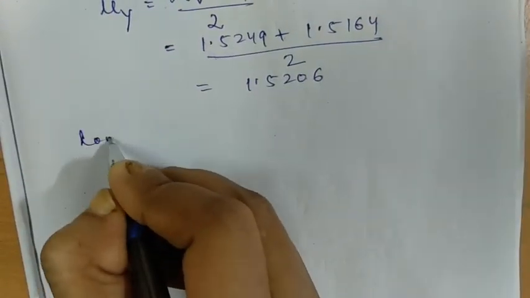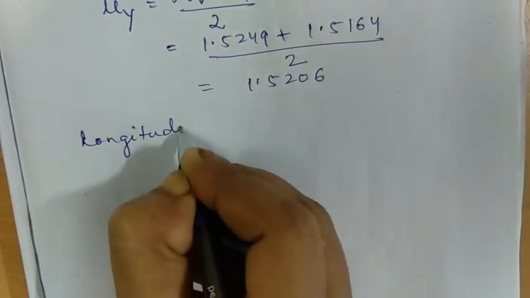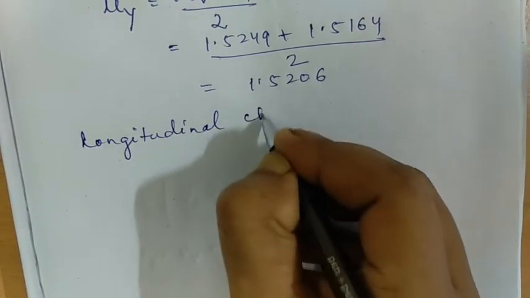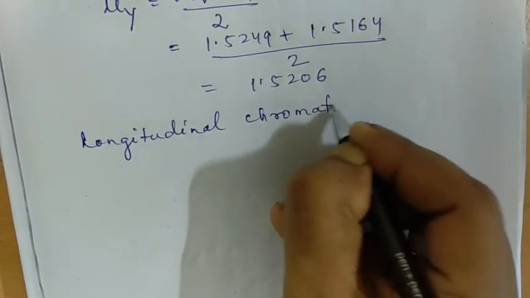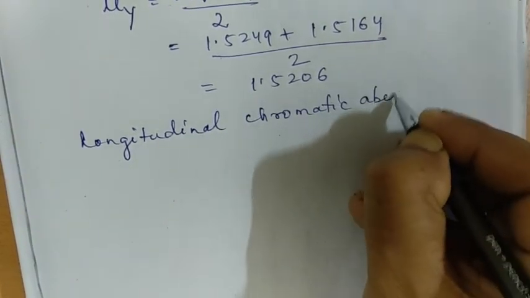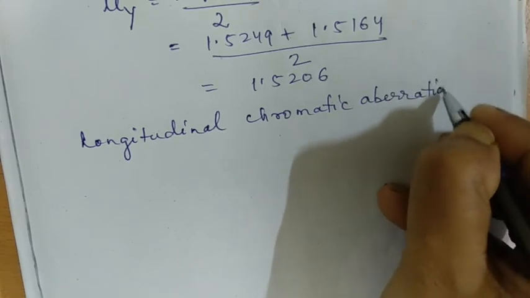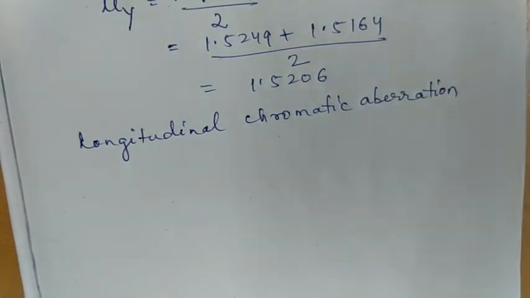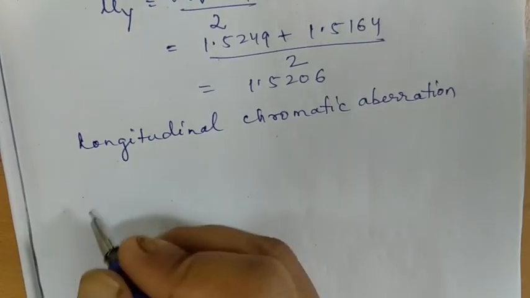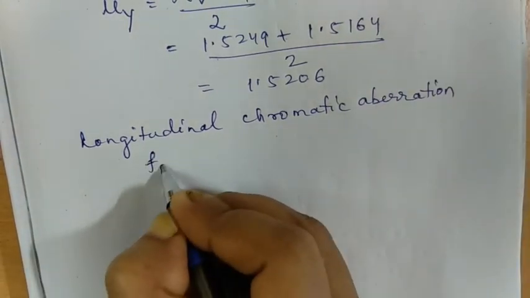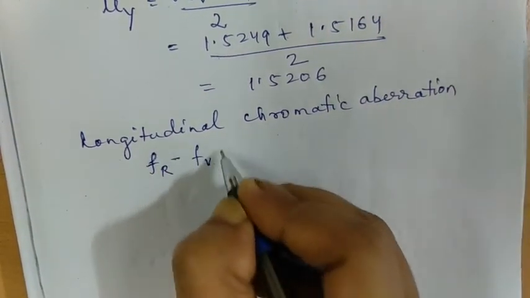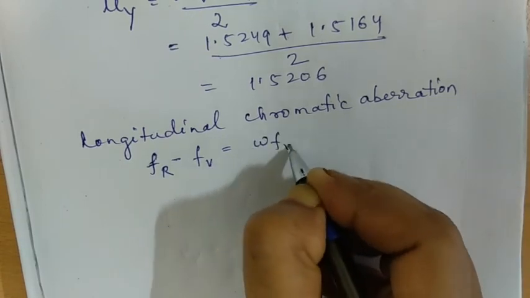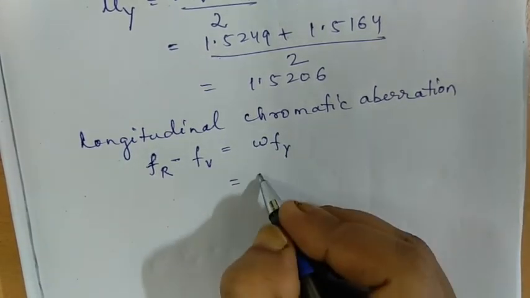Now let's calculate the longitudinal chromatic aberration, which is given as FR minus FV is equal to omega FY.